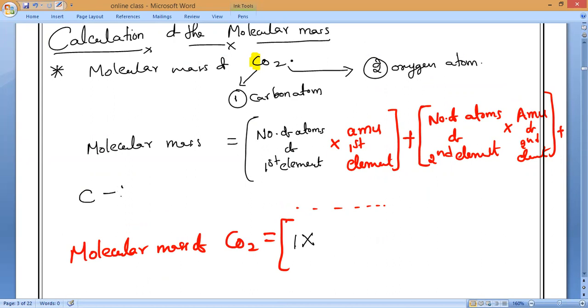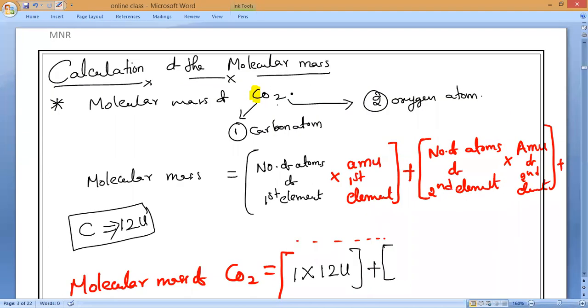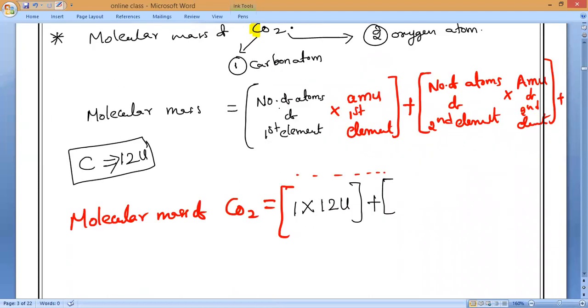We all know, 12 U. Next, plus number of atoms of second element, which is 2, into the atomic mass of oxygen, 16 U. So that is 1 into 12.